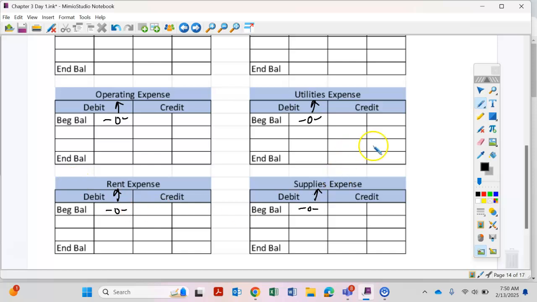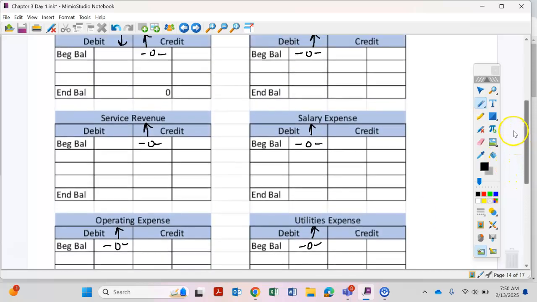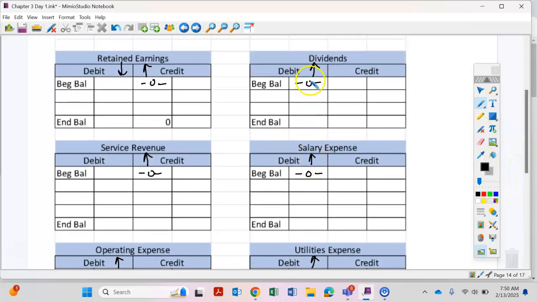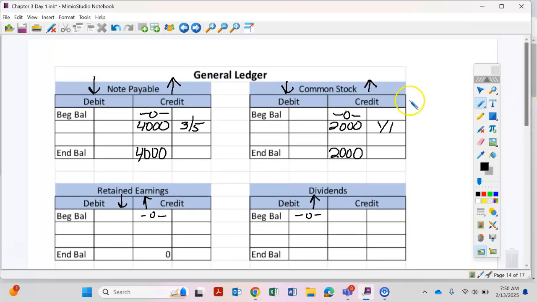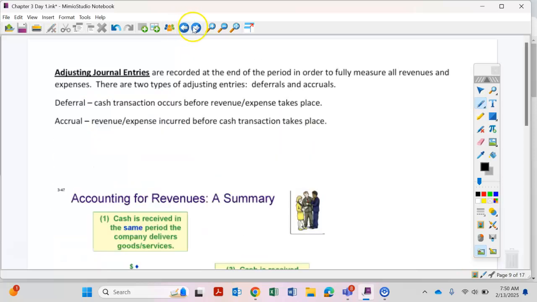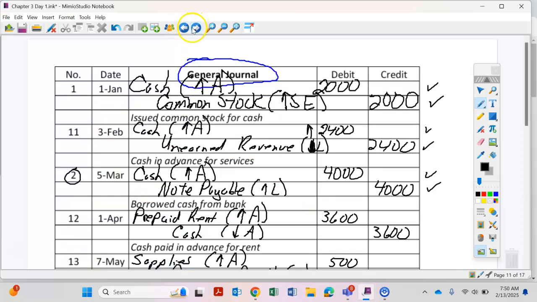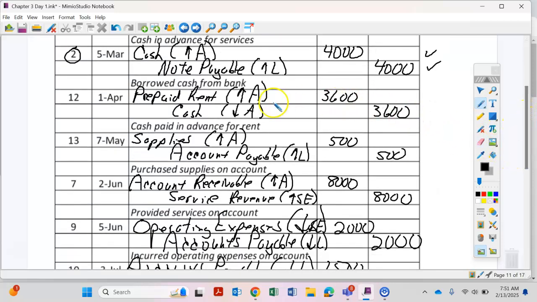Notice all our expenses go up with debits. And dividends go up with debit, but revenue goes up with credits because it causes retained earnings to go up. Common stock goes up with the credit and all our liabilities. Okay, let's go back to our journal. We've posted that. And then just keep posting.